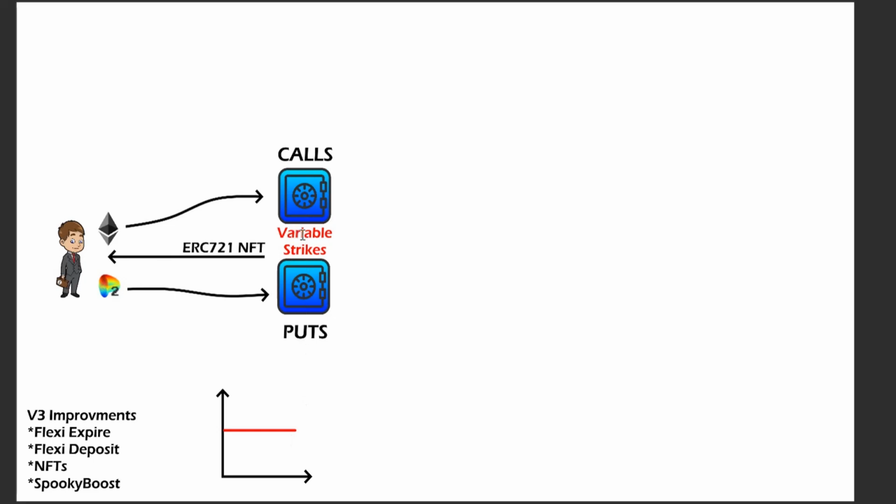They have a bunch of strike prices that you can choose from. The vault decides the time frame, and then within the vault you can choose the strike price for your position, your covered call or your covered put.